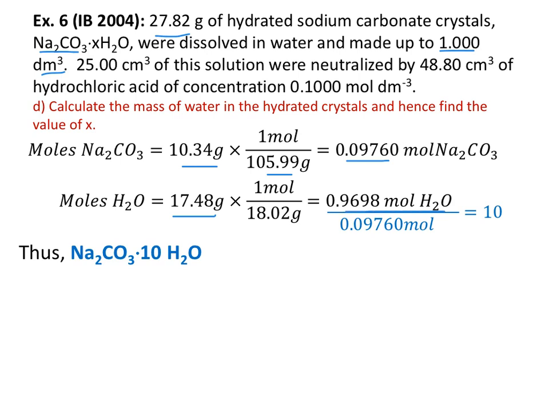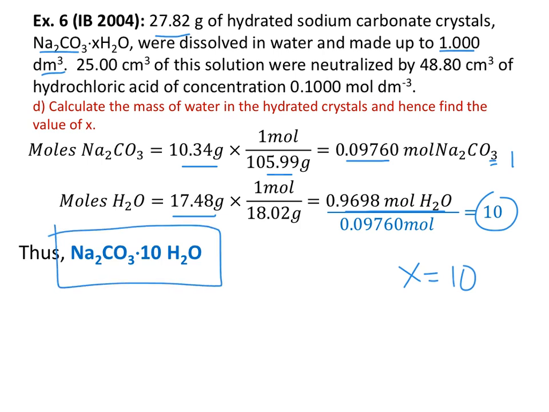And then you're going to divide by the smallest. So something divided by itself is 1. And the 0.9 divided by 0.09 is 10. So x equals 10. And then our final hydration number plugged in gives us the formula of Na2CO3 attached to 10 water molecules. All right, good job, guys. I hope this helps.